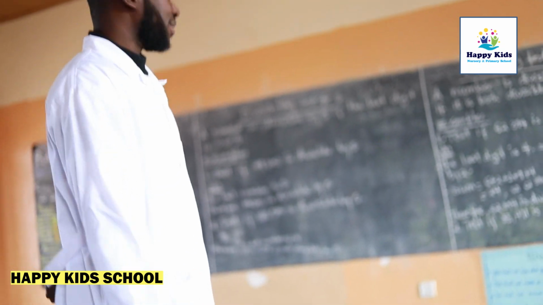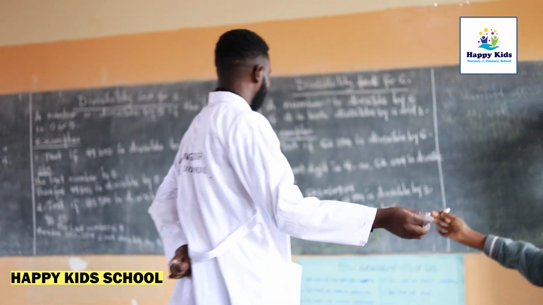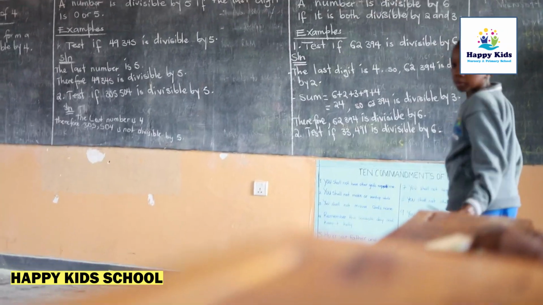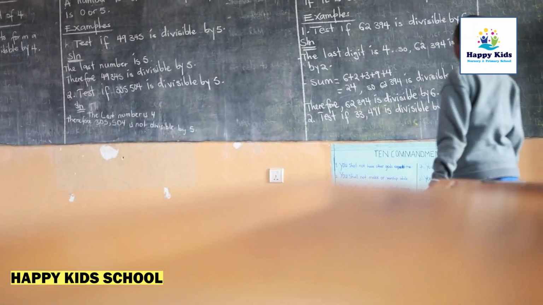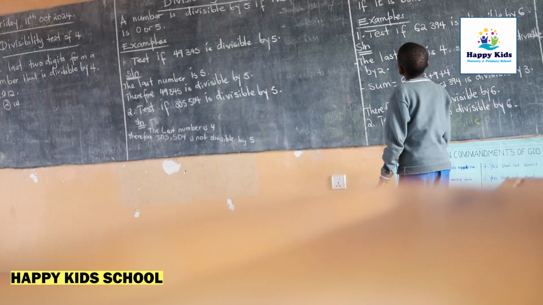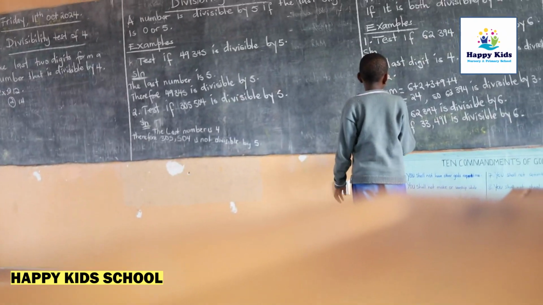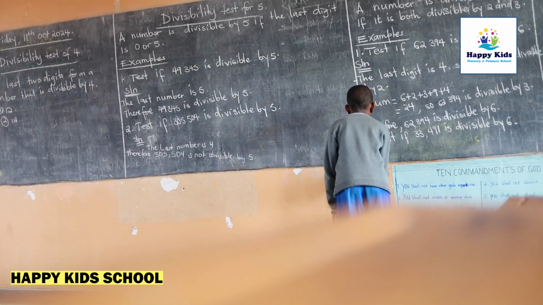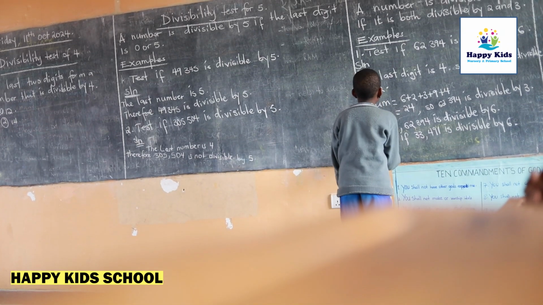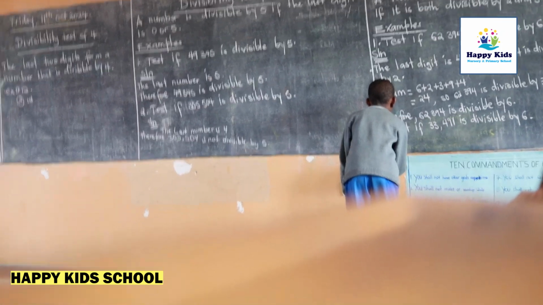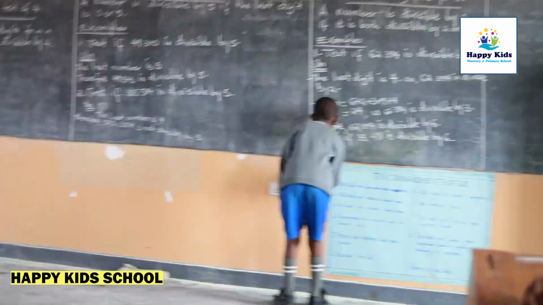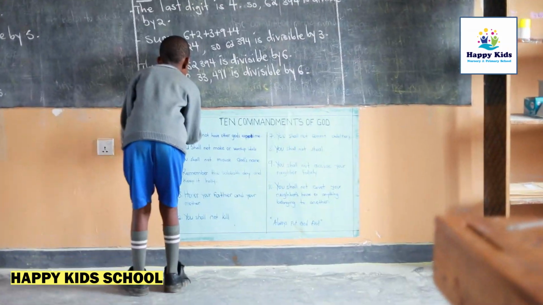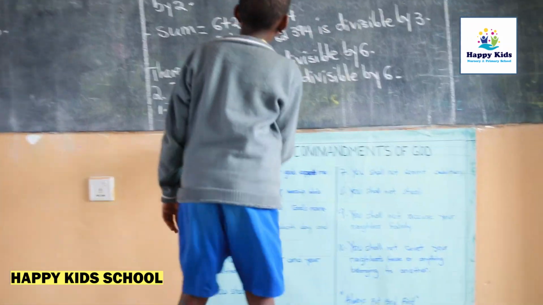We are first going to test if the number is divisible by 2. The last digit is 1.